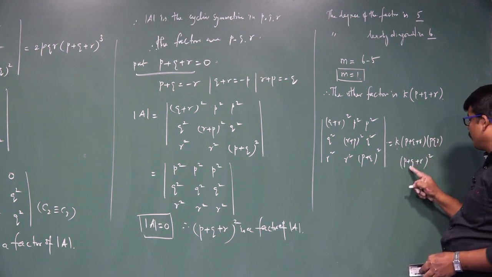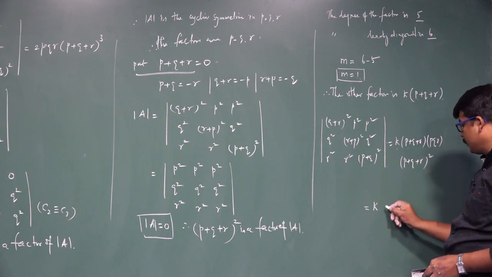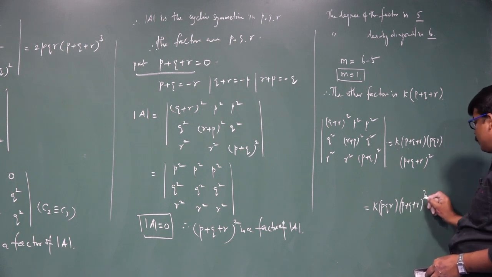P plus Q plus R into P plus Q plus R whole square is P plus Q plus R whole cube. That is equal to K into PQR into P plus Q plus R whole cube.